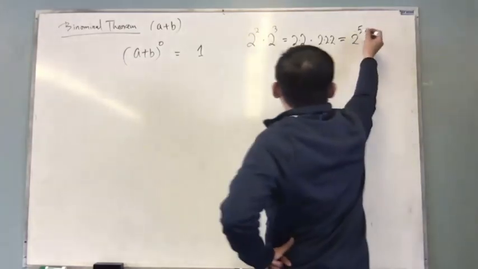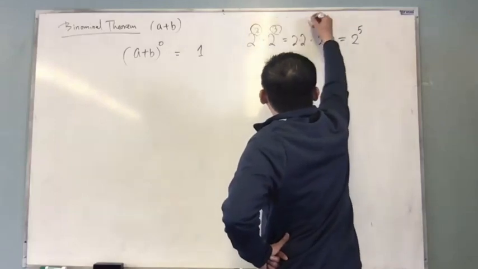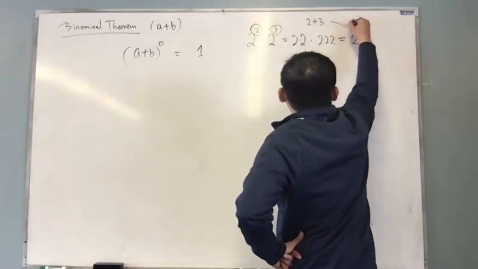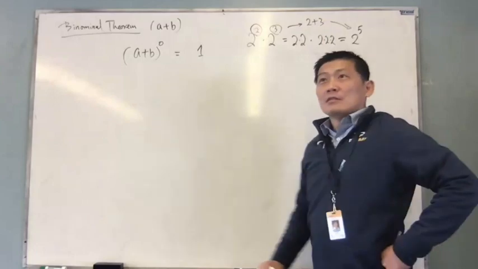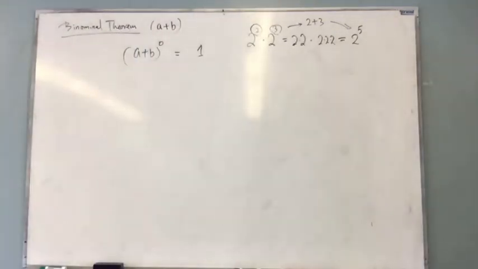And this 5th power, it turns out, can just be taking this one, and 2 plus 3 gives you 5. Because you're multiplying two numbers with the same base, but exponents are different, you can add the exponents.